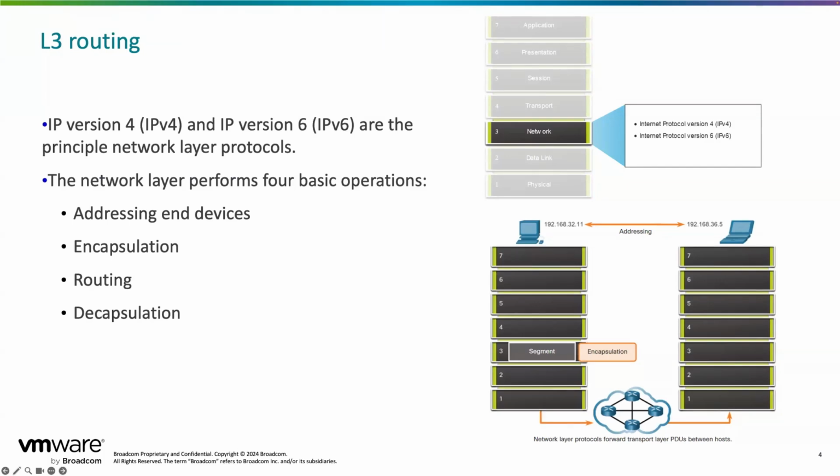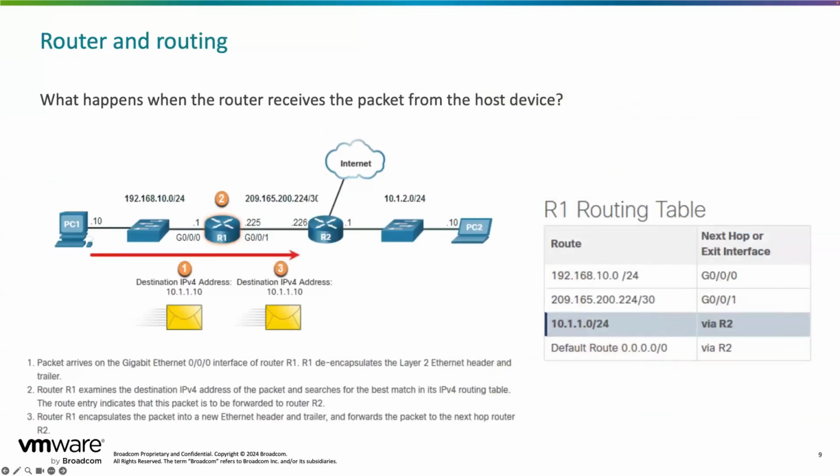We also have routing. Routing always happens in the middle of the network, on devices like this cloud shown here. Let's take a close look at routing. Routing always happens on a router, and a router is a node that performs the routing function.